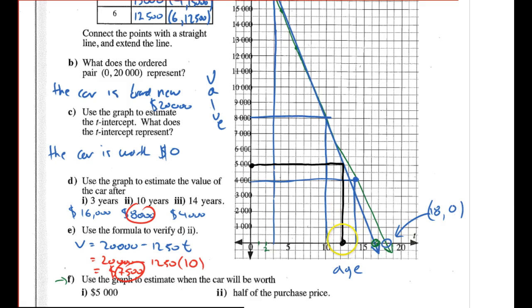It looks like at about 12 years, the car is $5,000. Half of the value, the original was 20,000, so half the value is 10,000. That's right about here. So I'm going to go down, and it looks like it's at about 8 years old there.